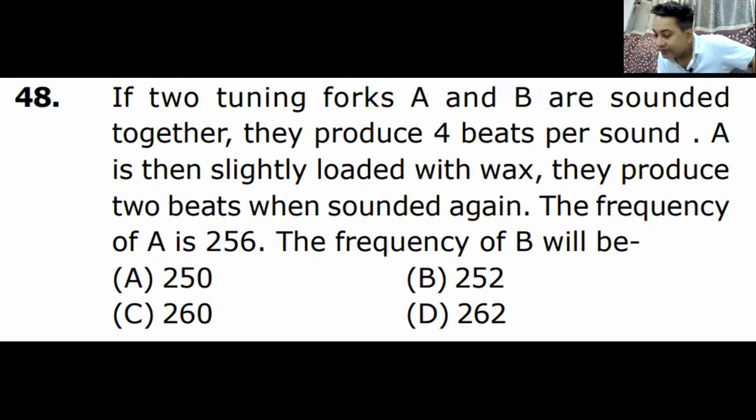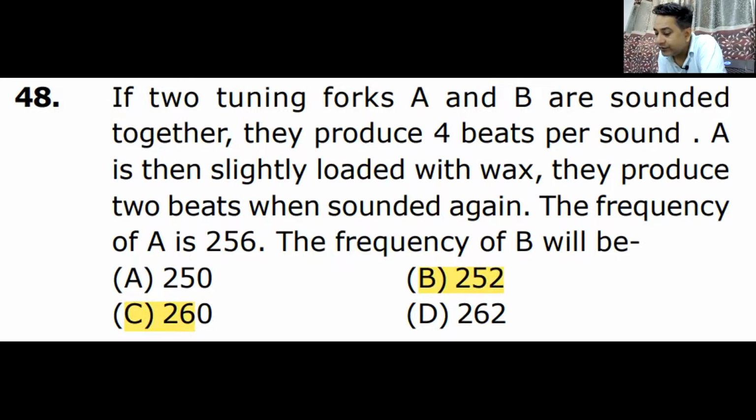So now right away you can tell me only two options are possible. Which are the two options, bacha? The two options which are possible are only 260 and 252. Now A is slightly loaded. The number of beats becomes 2. The frequency has decreased.